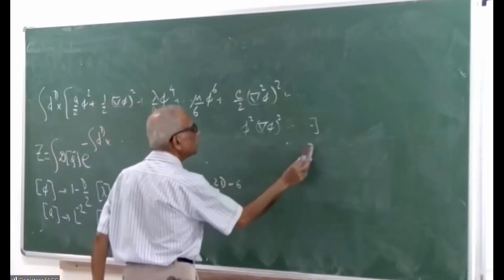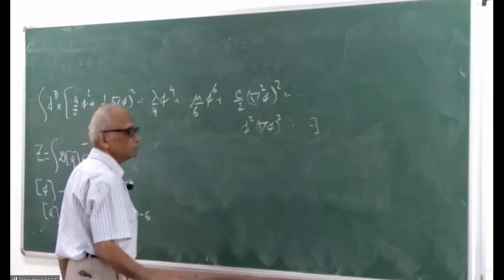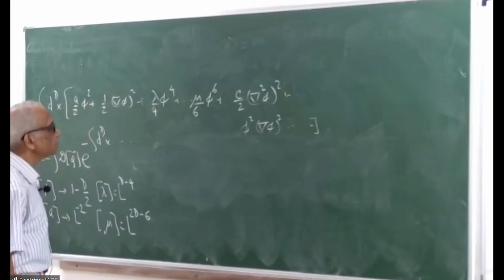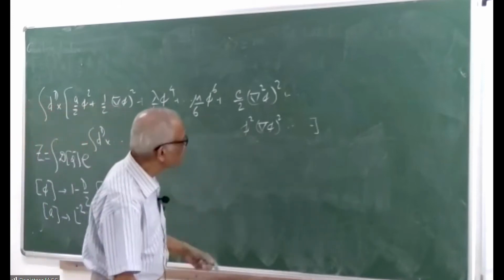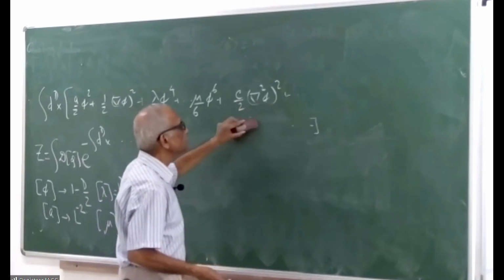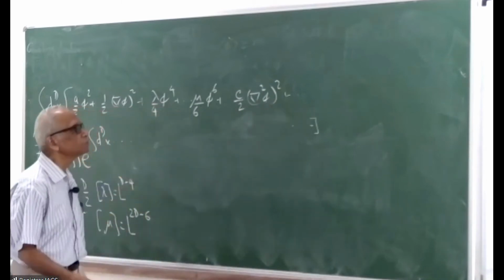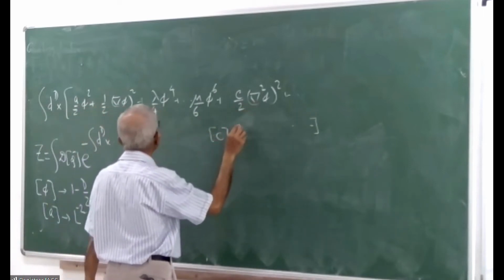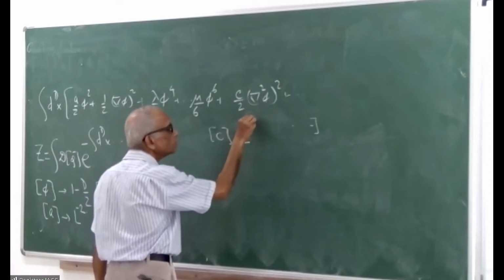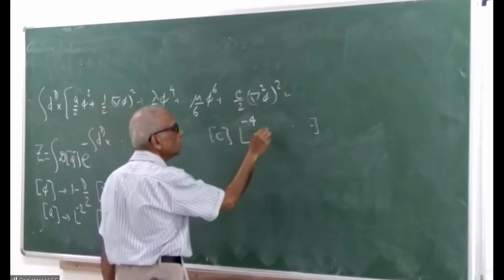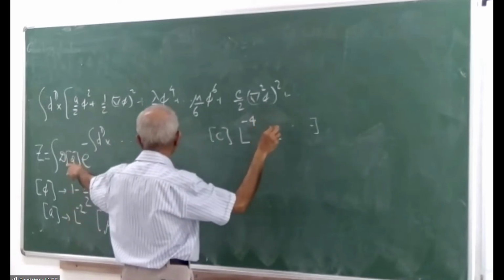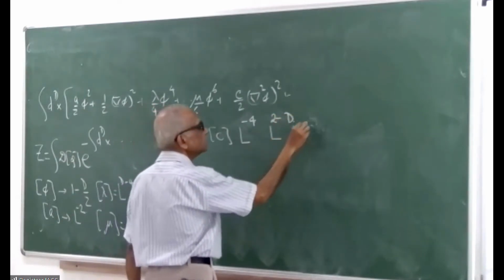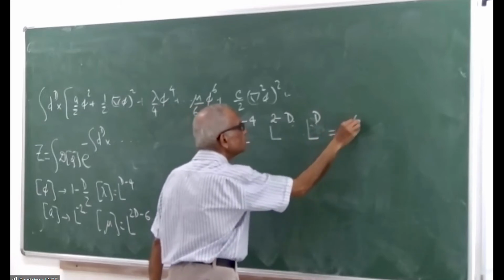And finally, let's do this one. See the del squared: the dimension of C times 1 over L to the power minus 4, and then this is L to the power 1 minus d/2 times 2, so it is 2 minus d, and then L to the power d is L to the power 0.